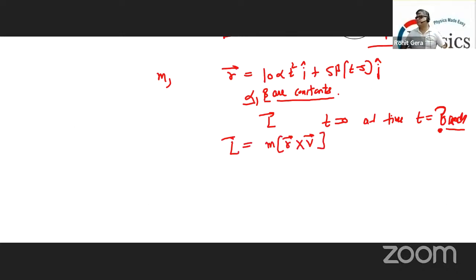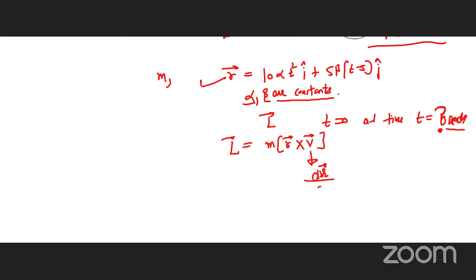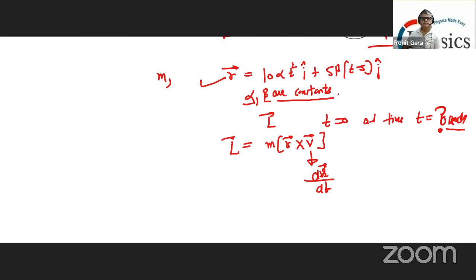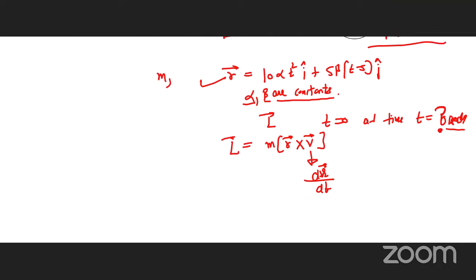This is L. How will you find v now? If the position vector is known, then dr by dt is v. If you know r, this is dr by dt. Put the values now, put the values in L.